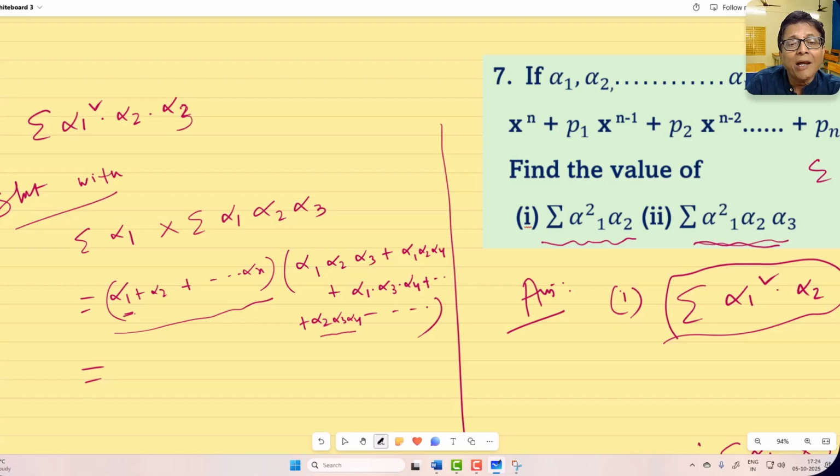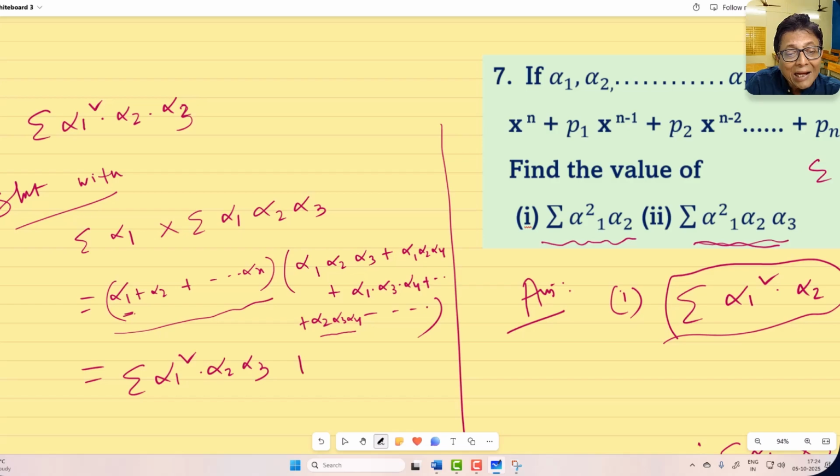Alpha 1 multiplied with this will give you sigma alpha 1 square alpha 2 alpha 3. Here alpha 1 square alpha 2 alpha 4. Here alpha 1 square alpha 3 alpha 4.